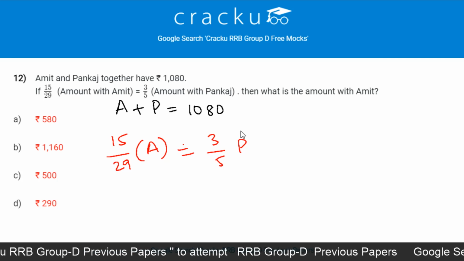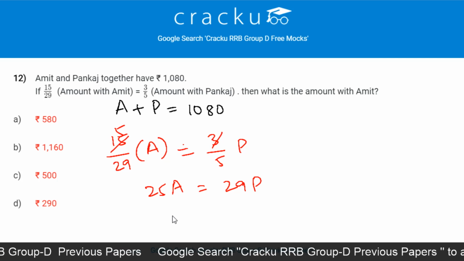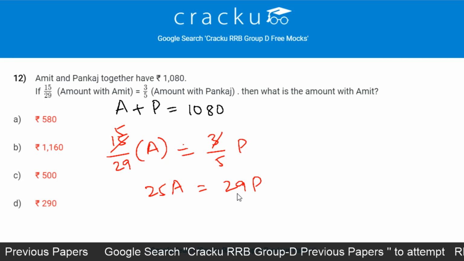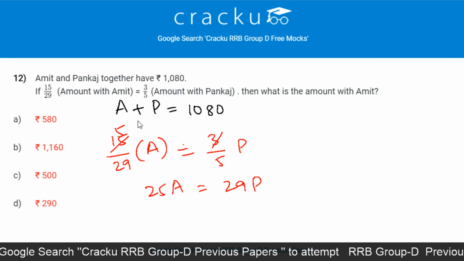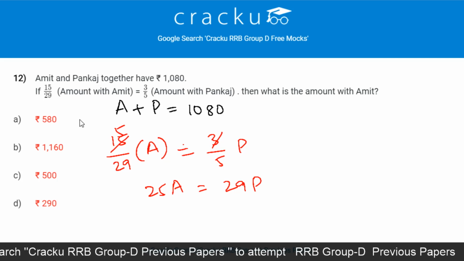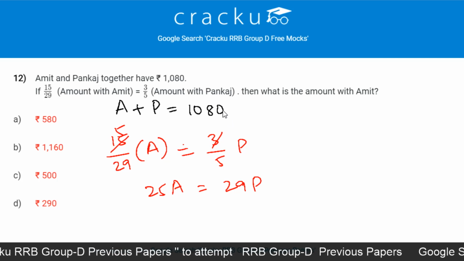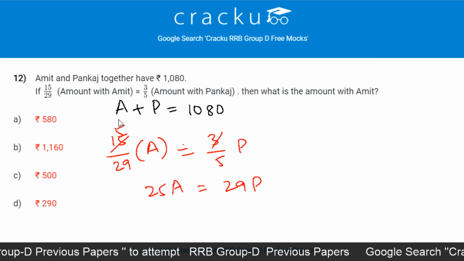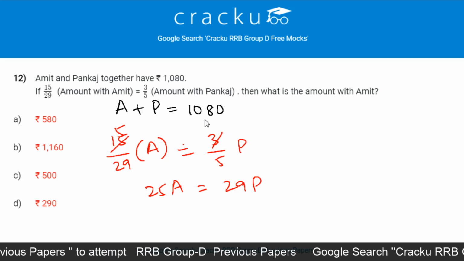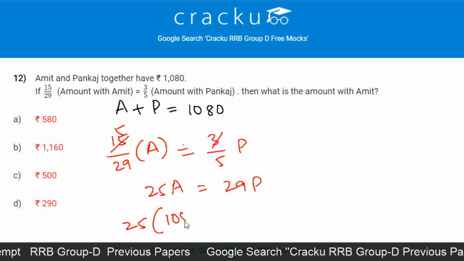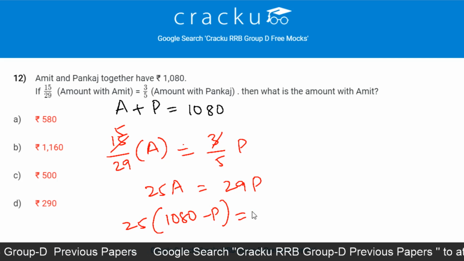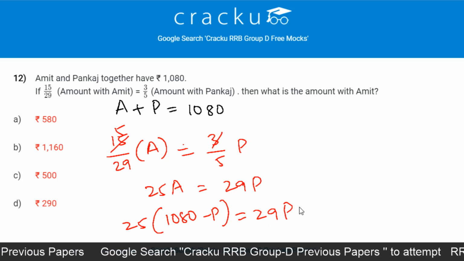So if you simplify this, it will come out to be 25A is equal to 29P. But we know that A plus P, the amounts with Amit and Pankaj, is equal to 1080. So the amount with Amit is nothing but 1080 minus P. So 25 of (1080 minus P) is equal to 29P.